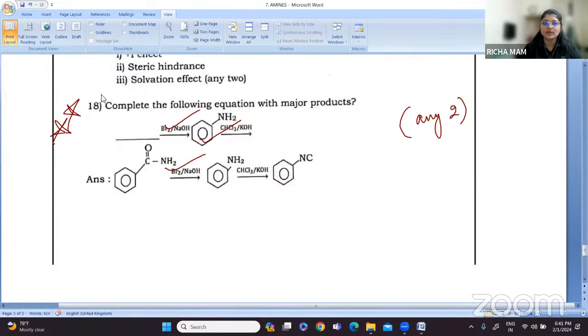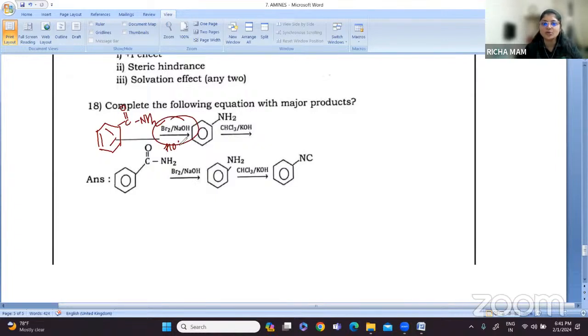Next question. Complete the following with equation. They have taken a primary amine. This will be benzamide. Benzamide, when you treat it with bromine, this is a Hoffmann bromamide degradation reaction. It is converted into aniline.